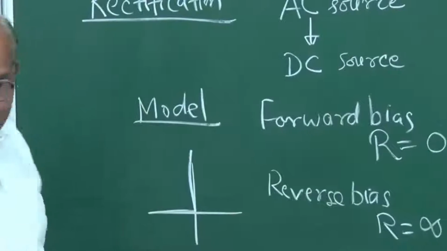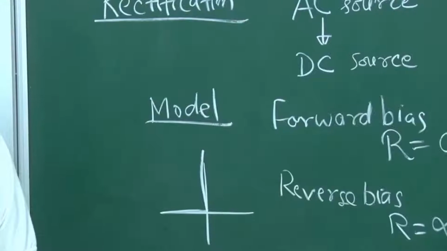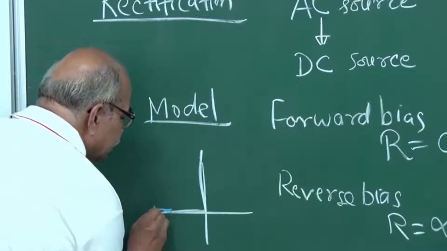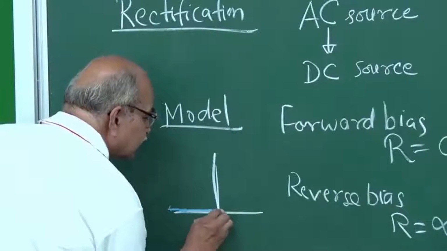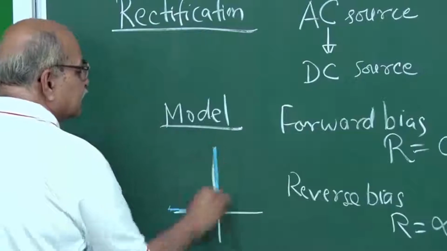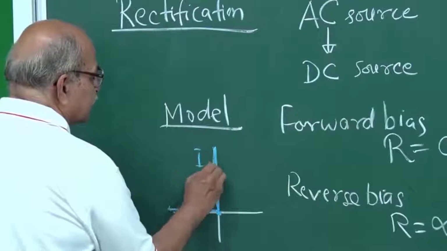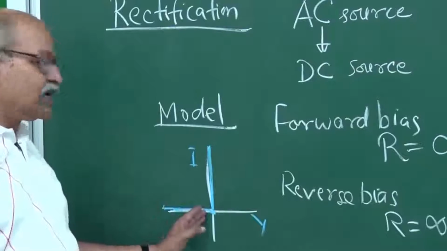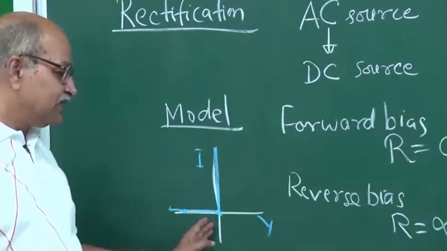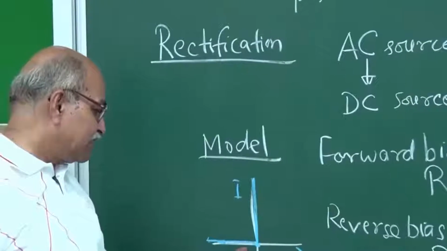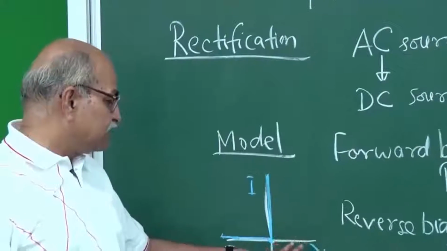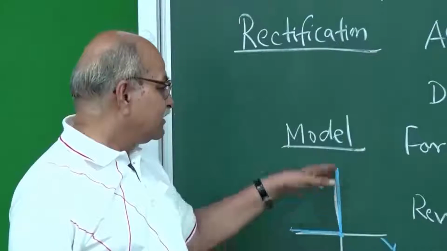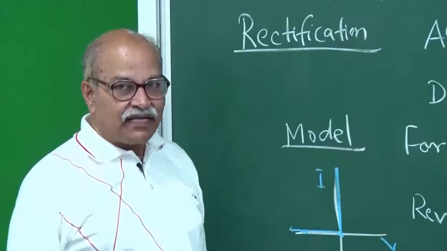It is 0 here, and then suddenly it goes like this. So this is I and this is V. So for the reverse bias, there is no current, resistance offered is infinity, it's like open circuit. Whereas once it is forward biased, the diode doesn't offer any resistance, and the current goes very high.